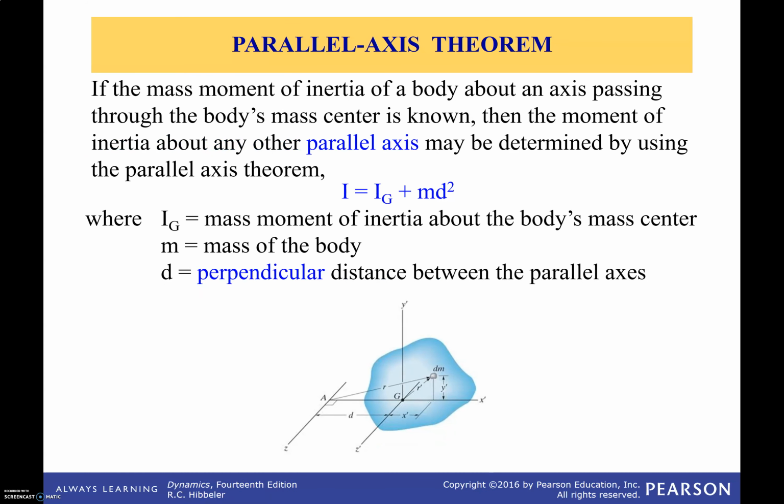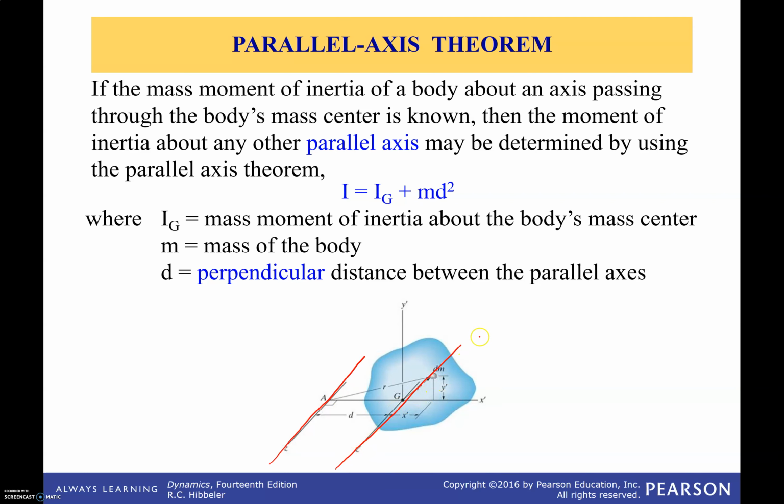There is an important theorem here. In some problems, you're going to need to find the moment of inertia about a generic axis that is parallel to an axis that goes through the center of mass. Let's say I want to find the moment of inertia about this z-axis that is parallel to this z prime axis that goes through the center of mass.